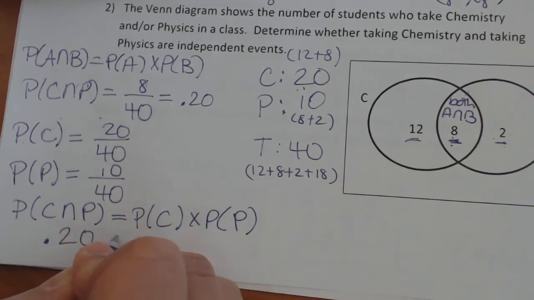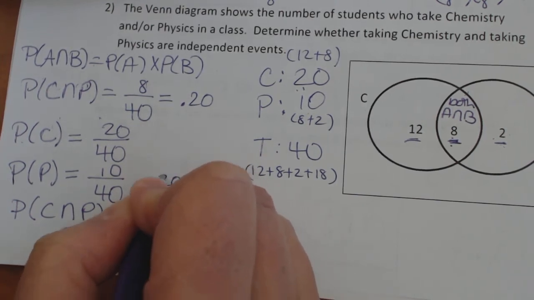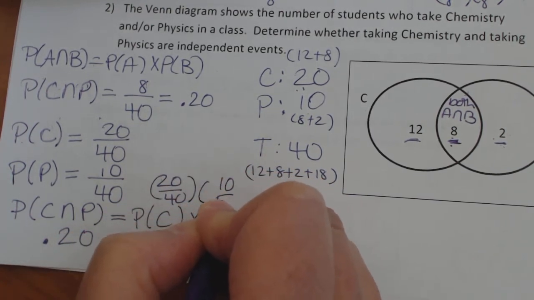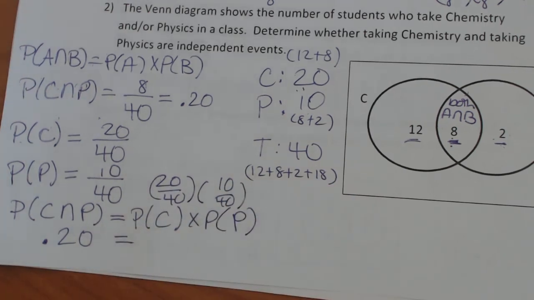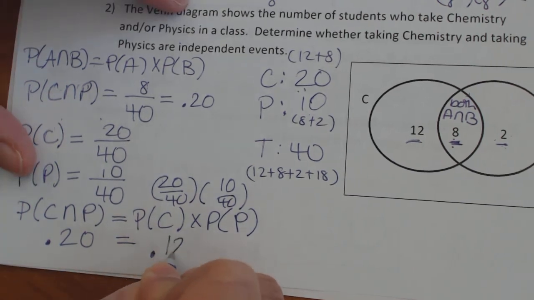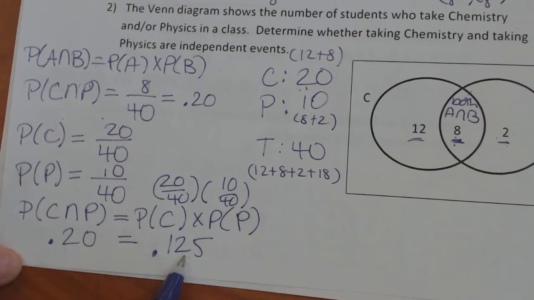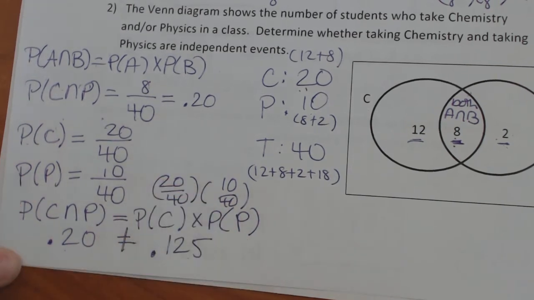Well, this is 0.20. Does that equal 20 over 40 times 10 over 40? Again, you can simply do that on the calculator right as is, and what you're actually going to get is 0.125. And so these two numbers here have to be equal, and right now they are not equal.